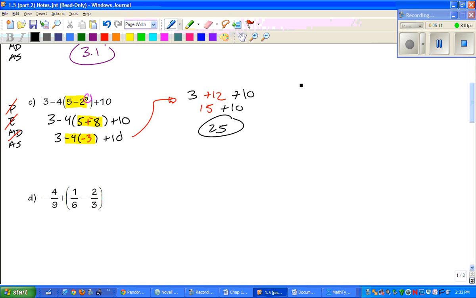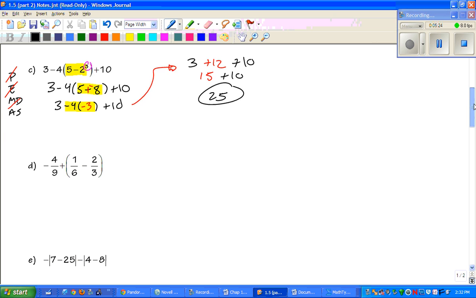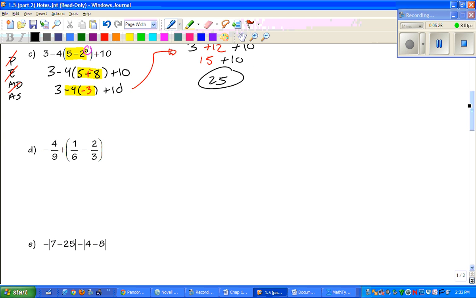Okay? Just remember that you need to multiply before we can subtract over there. Okay? In this line right over here. Alrighty, let's look at letter D. It says negative 4 over 9 plus 1/6 minus 2/3.